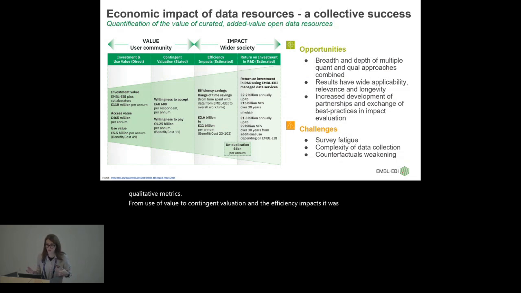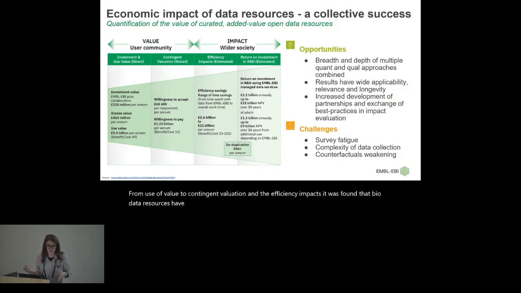It was found that biodata resources have a lot of returns in gains and a lot of benefits in time saved and research enabled that would otherwise have not been possible. But it also comes with challenges, survey fatigue being one of them. We see decreasing trends of responses from the community that could be attributed to various different reasons, but it is a reality that we have to find solutions to.